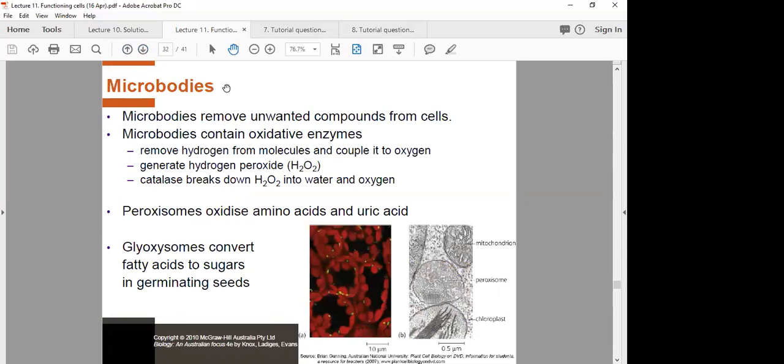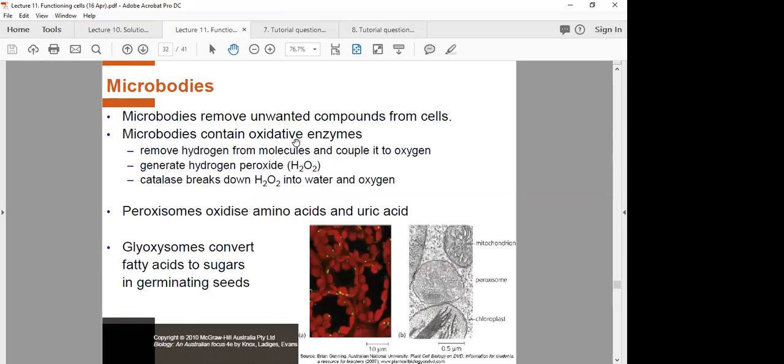Our next organelle, the microbody. Microbodies remove unwanted compounds from cells. They're very similar to lysosomes, except that rather than containing hydrolytic enzymes, they contain oxidative enzymes. For this reason, microbodies actually function at a pH closer to neutral.